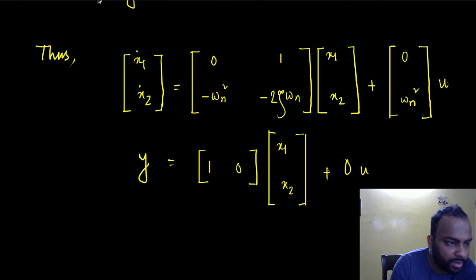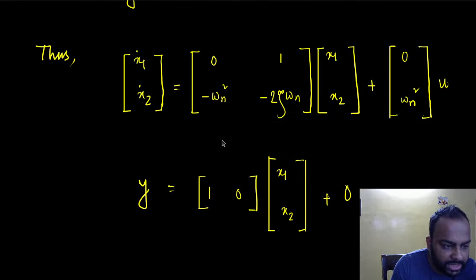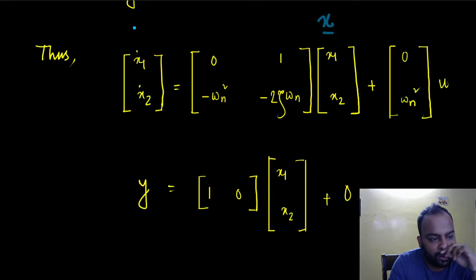plus 0 times u. You can skip that if you want. Here once again this is the state vector, and this is the derivative of the state vector.